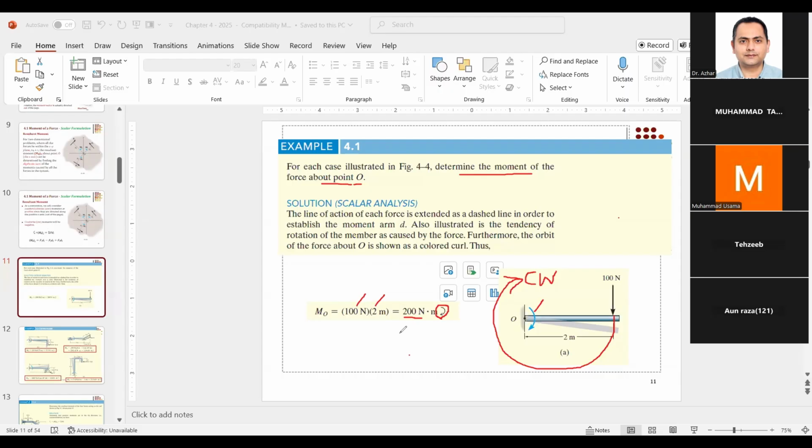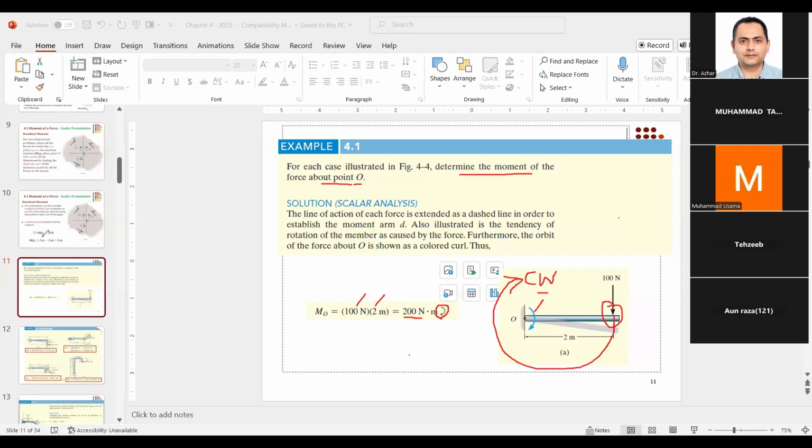So make sure that you understand how this force is producing clockwise or counterclockwise direction, and that's actually coming from this arrow. This arrow will tell you in which direction the force is trying to move, and then you sense whether it is clockwise or counterclockwise.